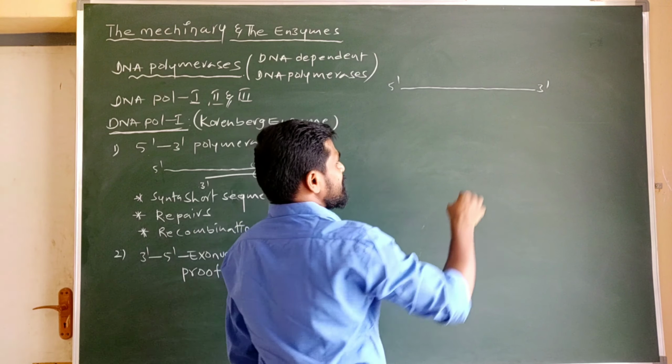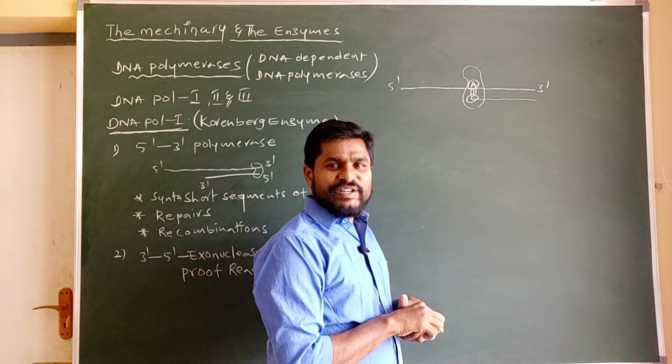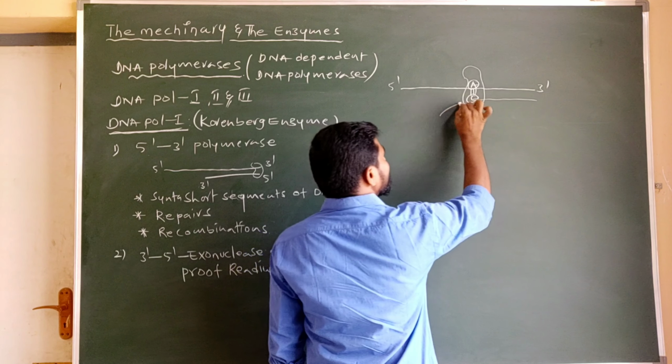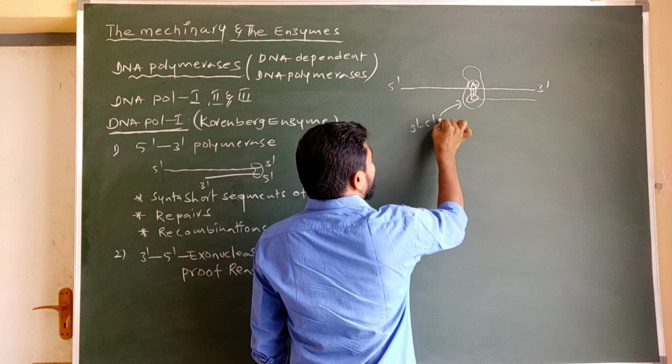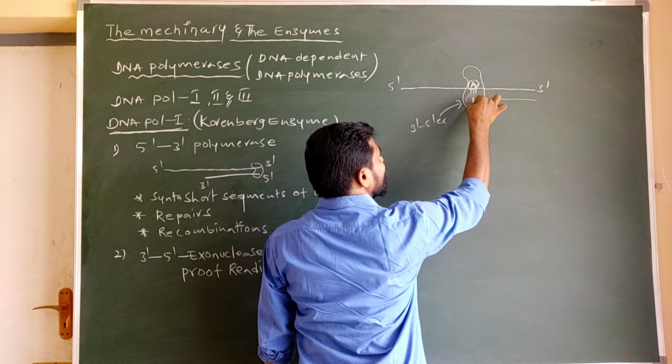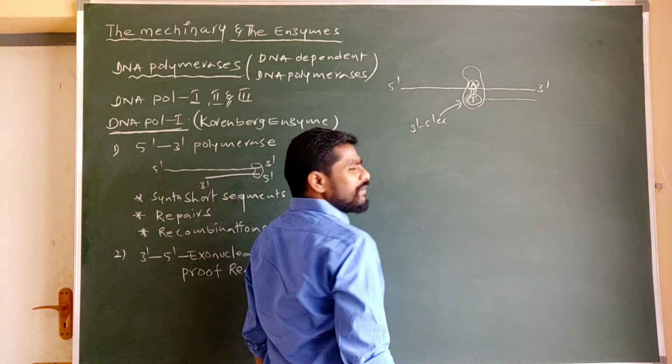In such cases, this 3' to 5' exonuclease activity comes into action and removes this cytidine monophosphate, which is a mismatched nucleotide. Thereby the DNA polymerase again polymerizes a correct nucleotide, that is, the thymidine nucleotide.